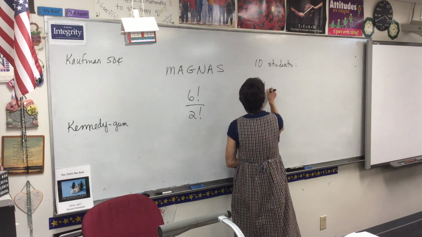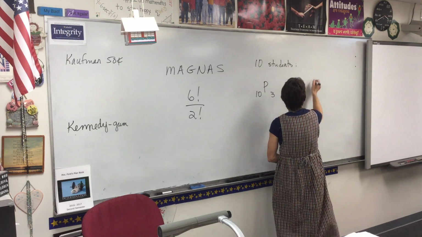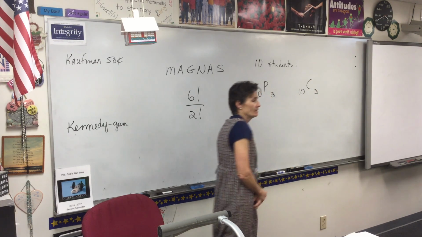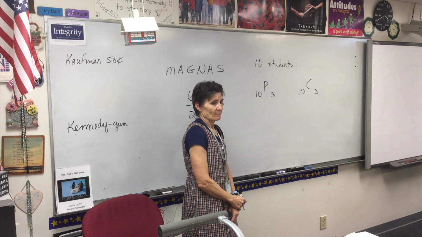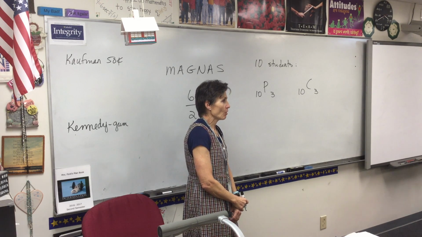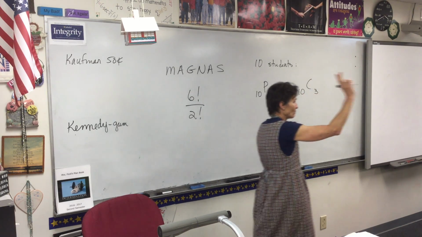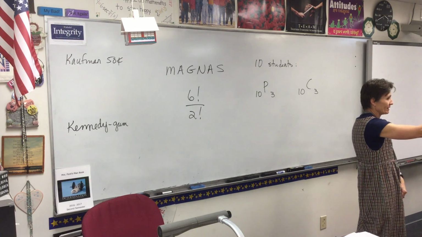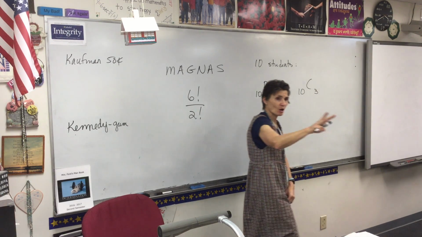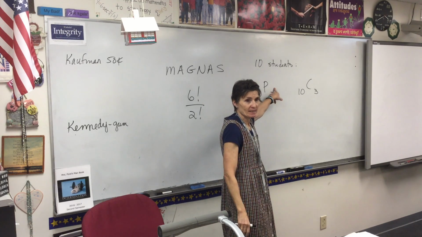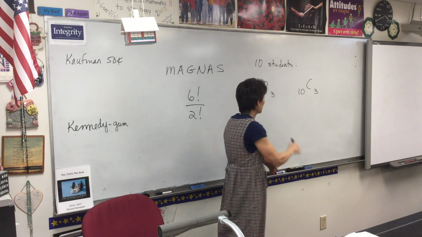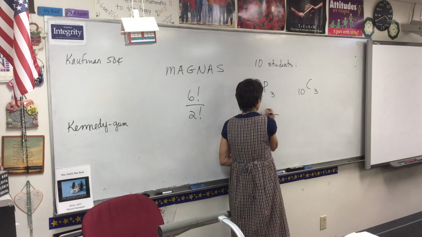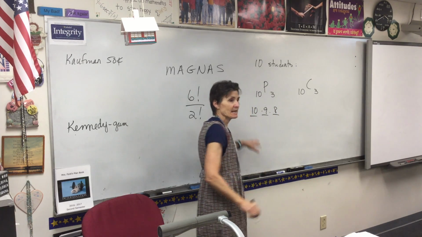Would it be 10 P3 or 10 C3? P3. I am awarding a blue ribbon, a red ribbon, and a white ribbon. If the prizes are different, it's a P. Or as James would say, you could do this one this way. That's the same thing.